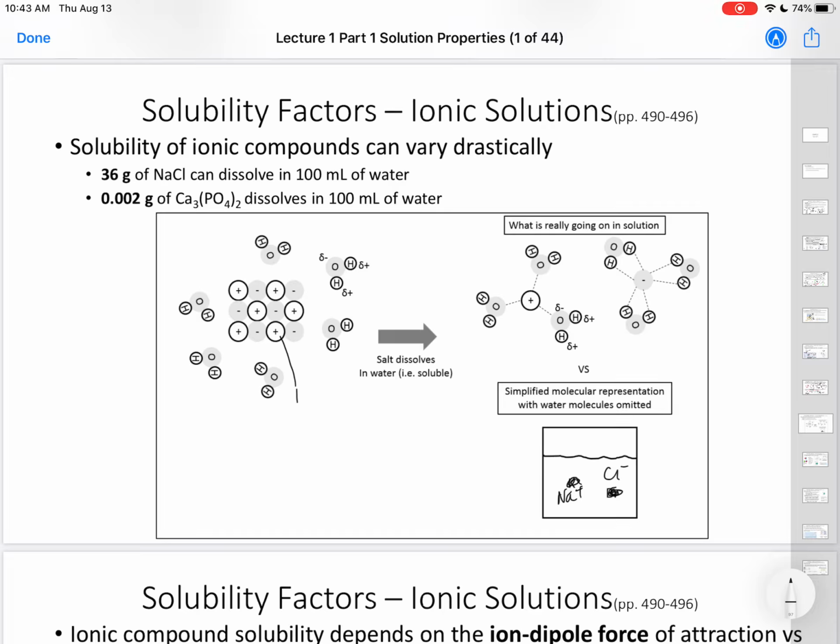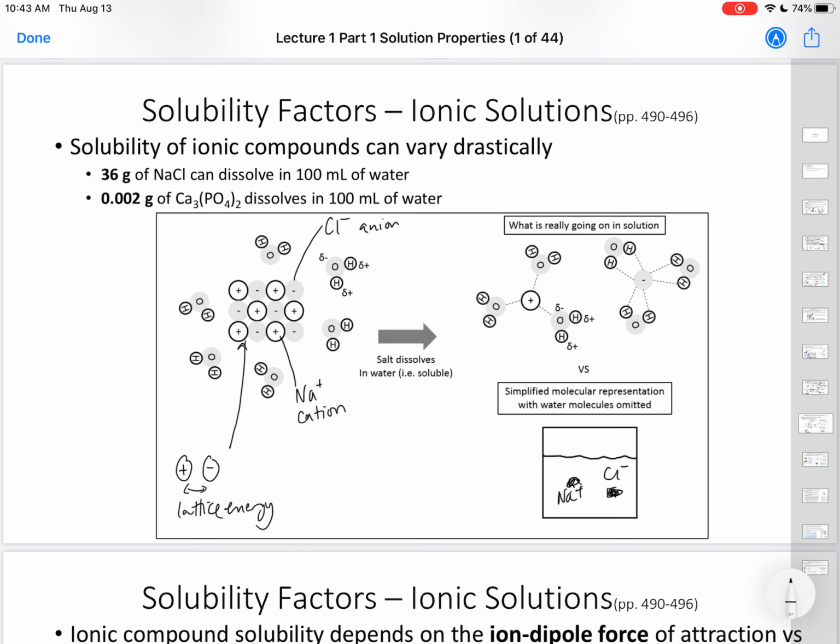So your Na is going to be your positive cation. Remember, cations are positive. Your negative is going to be your Cl minus, your anion. There is a lattice energy attraction here between your positive and your negative charge. This kind of attraction is called a lattice energy.